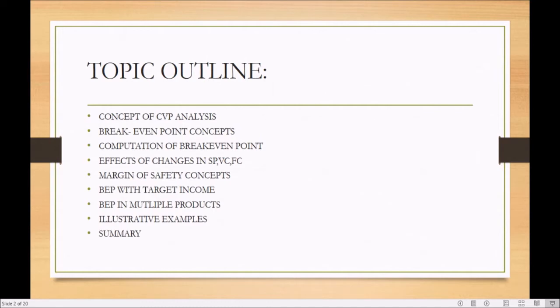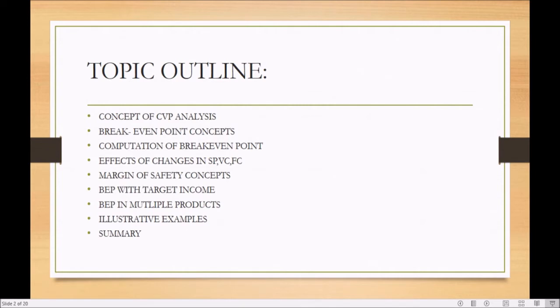And then we will also tackle the effects of changes in SP, VC, and FC. SP stands for selling price, VC stands for variable cost, then FC stands for fixed cost.